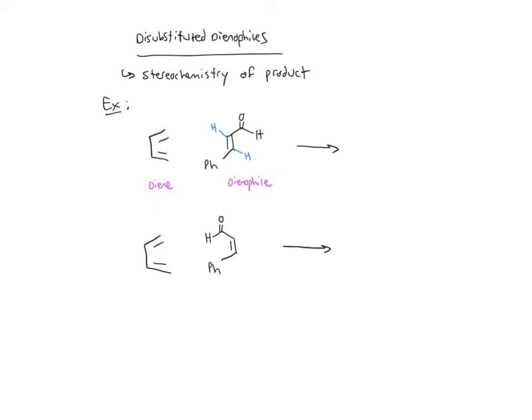And we can classify this as an E substitution pattern. So we have the phenyl and the other high priority group on opposite sides of the double bond. So it's an E double bond.